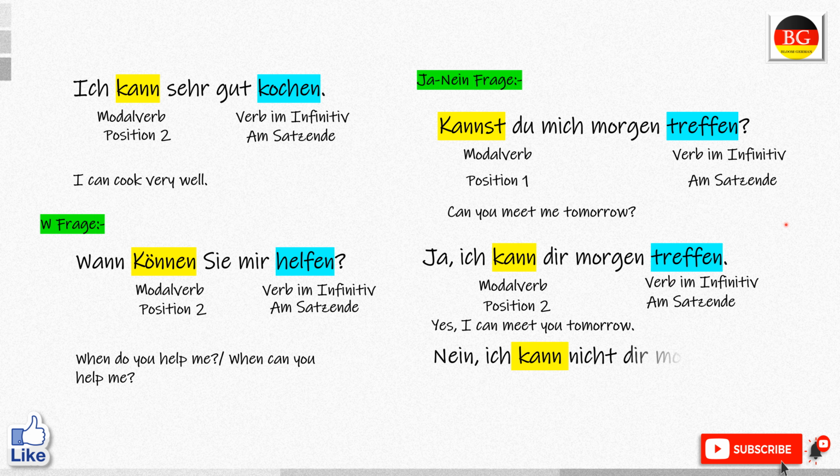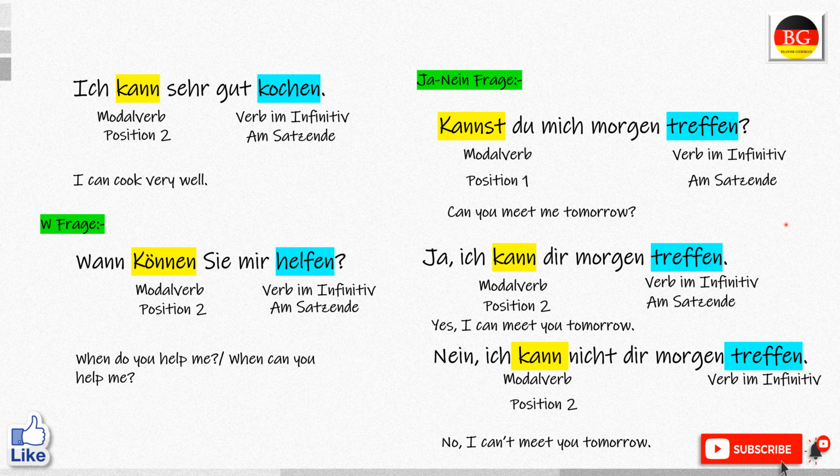Now if the answer is no, how to give the answer? Nein, ich kann nicht dir morgen treffen. No, I can't meet you tomorrow. Again, the modal verb in conjugated form takes position 2, then comes the object, and then in the last the verb in infinitive at the Satz end.